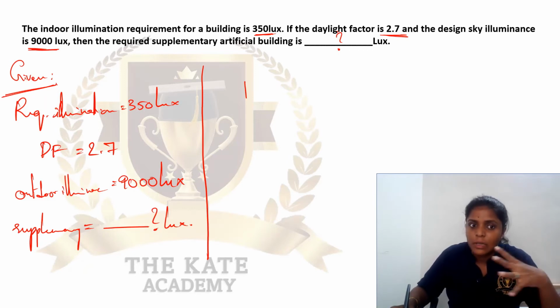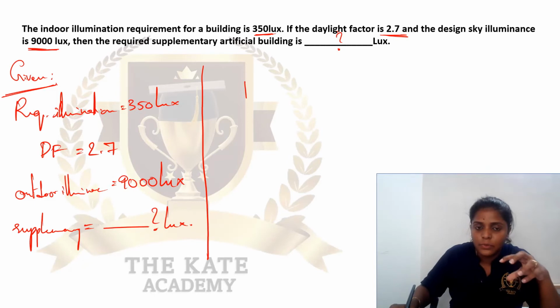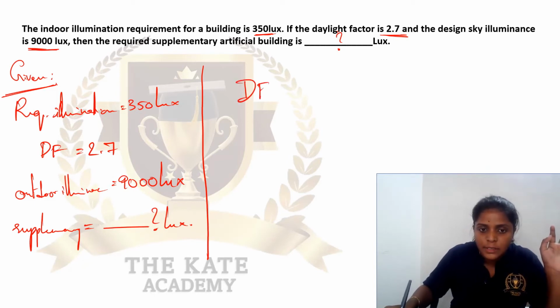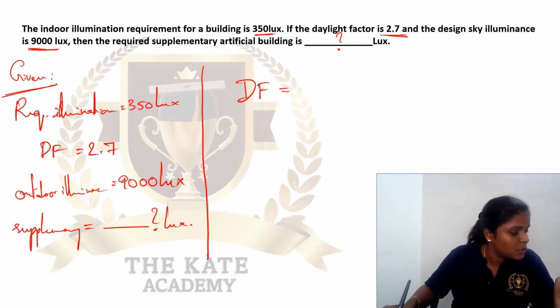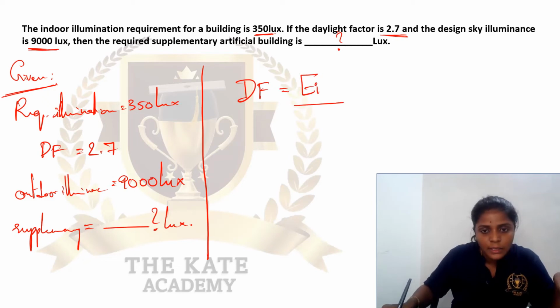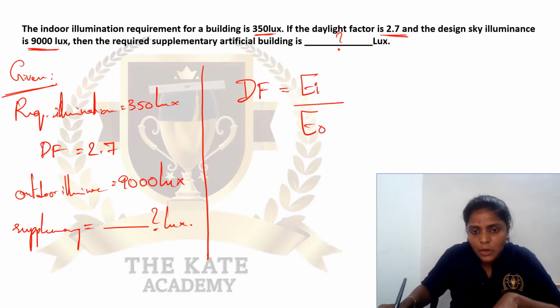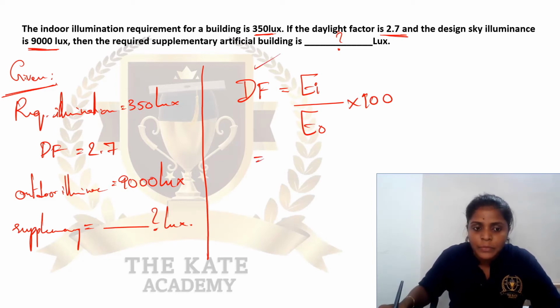So considering these values, there is a formula: daylight factor is equal to indoor illumination by the outdoor illuminance into 100. So we know daylight factor over here. We don't know this, but we know this.